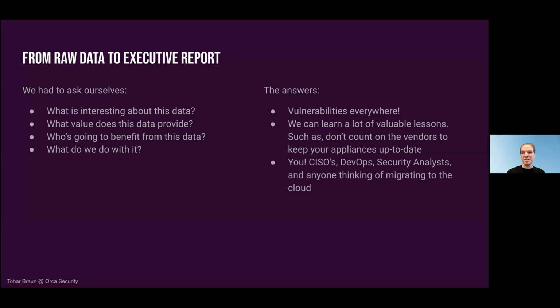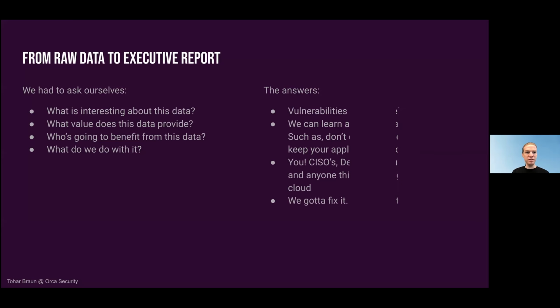You, CISOs, developers, security researchers, anyone that is thinking of migrating to the cloud or is having their development environment in the cloud. Maybe you already have an appliance running in your environment and now you are going to go check on its security posture. That's a win for me. And what are we going to do? We gotta fix it, or at least we're going to try to.